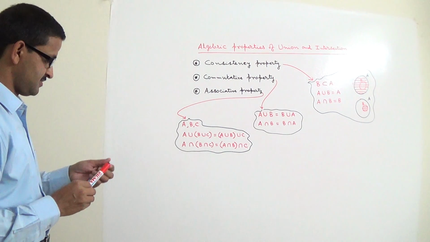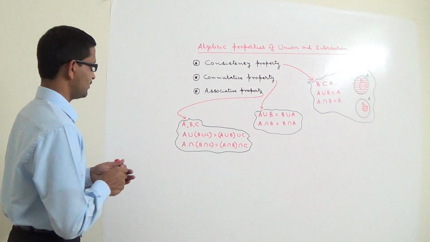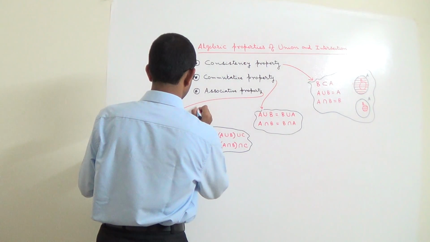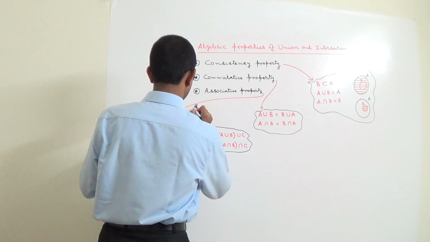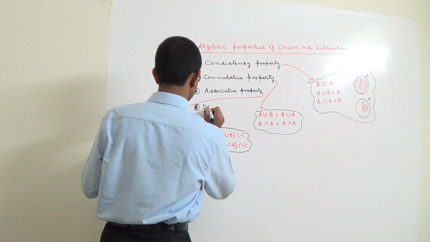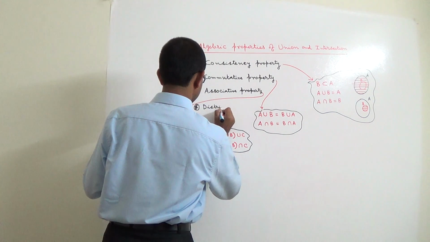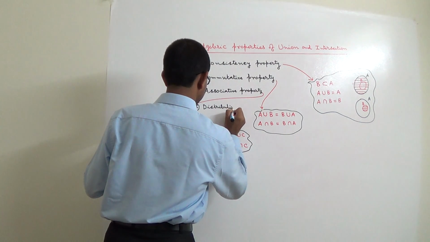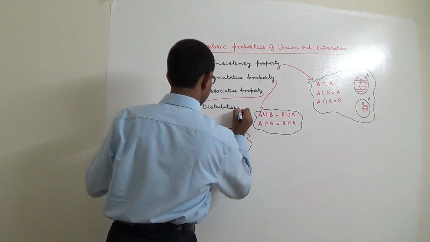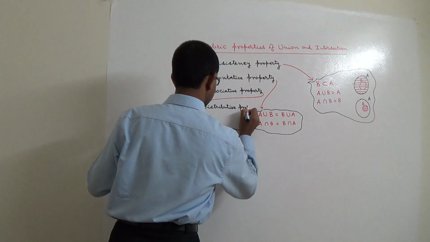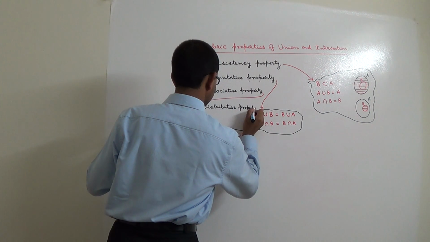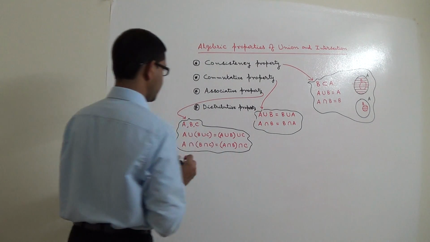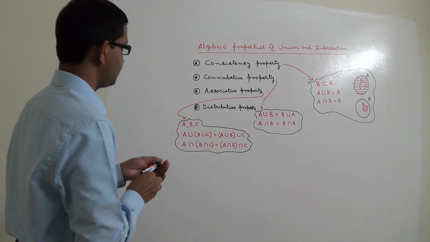The next and the last property is called the distributive property. What is the distributive property?